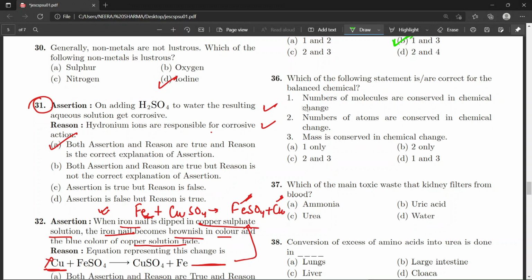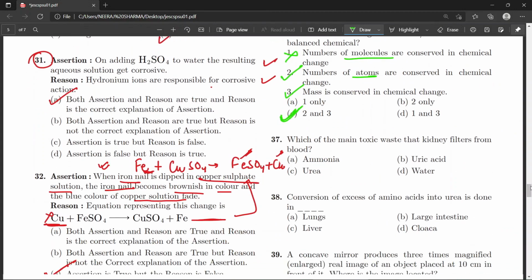Is it 1 only, 2 and 3, or 1 and 3? So do you think the molecules are conserved in the chemical change? No, the molecules are never conserved in the chemical change. Yes, the atoms are conserved, and yes, the chemical equation is balanced on the conservation of mass only, right? So mass is always conserved. So it is 2 and 3. So option C is the correct option.